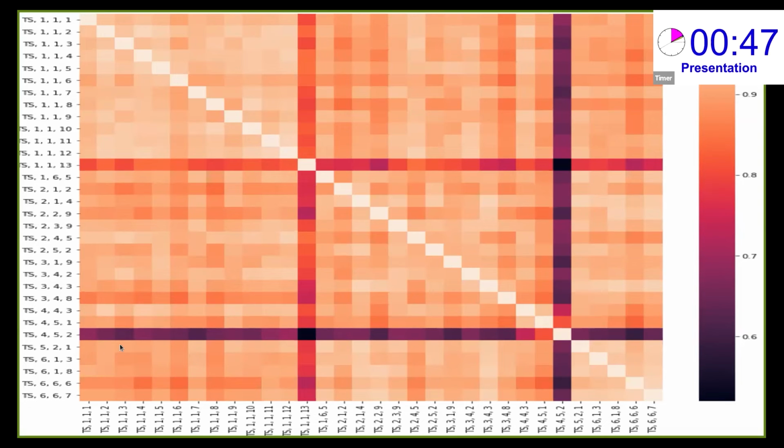The most conspicuous point is this dark line of chapter 452, which indicates that chapter 452 is not similar to the other chapters.